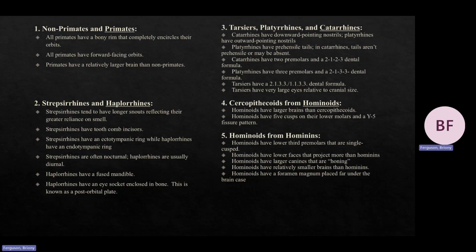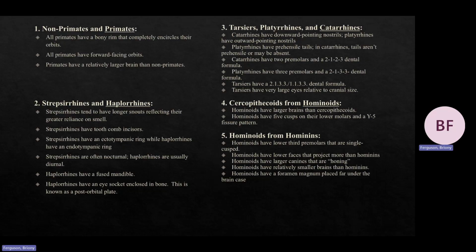So this is that enclosed eye orbital. This is why in humans where our eye sockets sit, we don't have an opening at the back. It completely encloses our eyes. All haplorhines have this. A lot of strepsirrhines don't. This is also sometimes known as a postorbital plate.